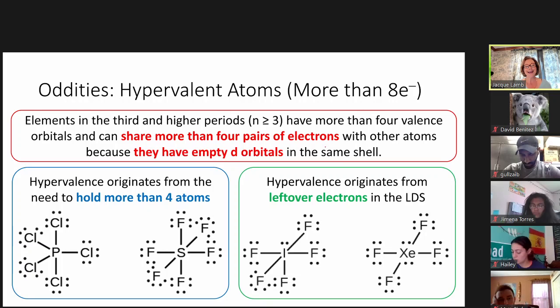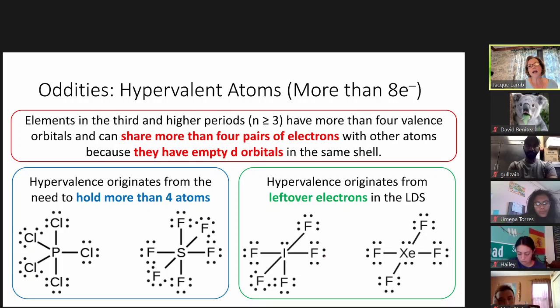So we have 2 examples here, iodine pentafluoride. Once we count the electrons and put them in and put all the lone pairs around the fluorines, we still have 2 electrons left over. They have to go somewhere, so they go on that central atom, even though that means 6 pairs of electrons surrounding the central iodine.